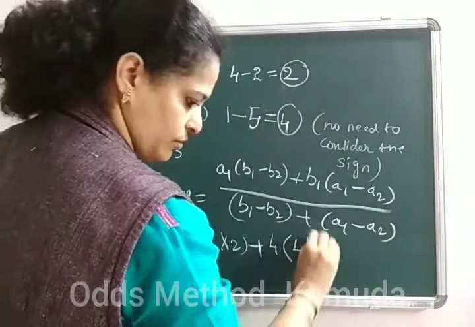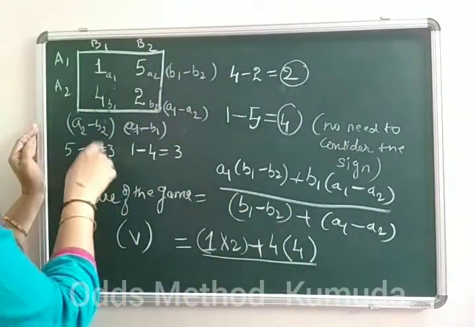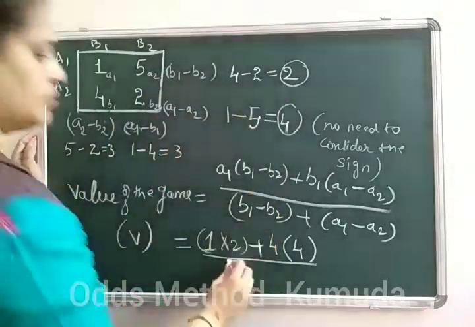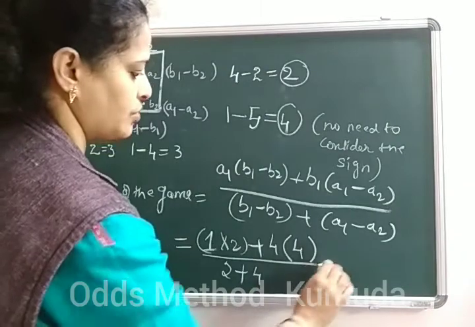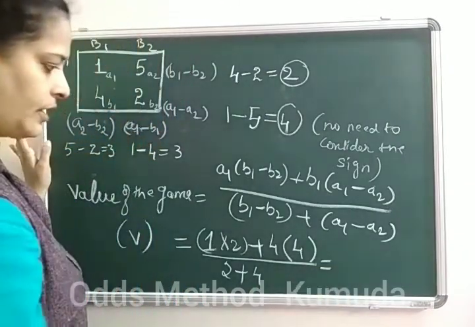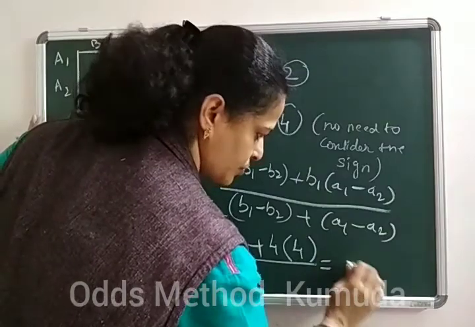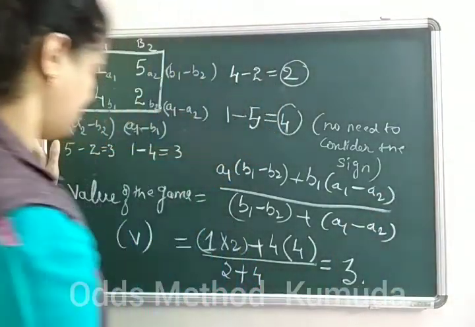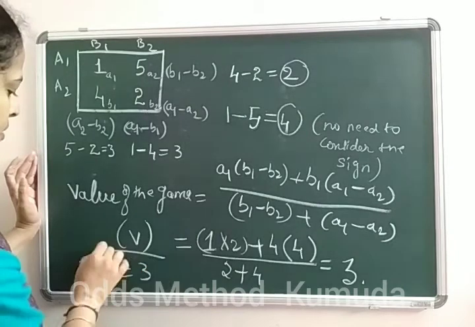So 4 into 4, divided by B1 minus B2, which we found to be 2, plus A1 minus A2 to be 4. So the answer would be, now calculate 2 plus 4 fours are 16, divided by 6, so it becomes equal to 3. So we can conclude that therefore the value of the game is 3. This is your first step.